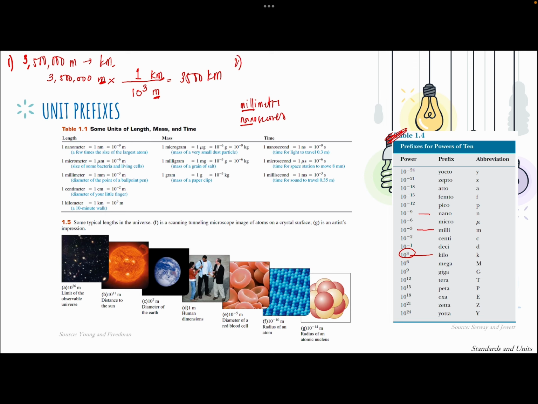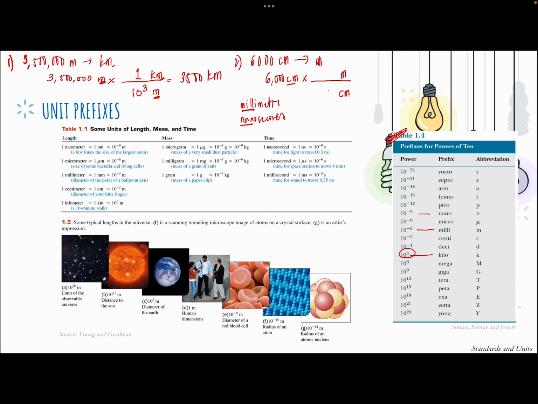Another example. Paano naman pag gusto mong i-convert ang 6,000 centimeters to meter? So, again, isusulat mo 6,000 centimeters times, centimeters yung andyan. Therefore, ang ilalagay mo sa baba is centimeters. Then yung meter sa taas.